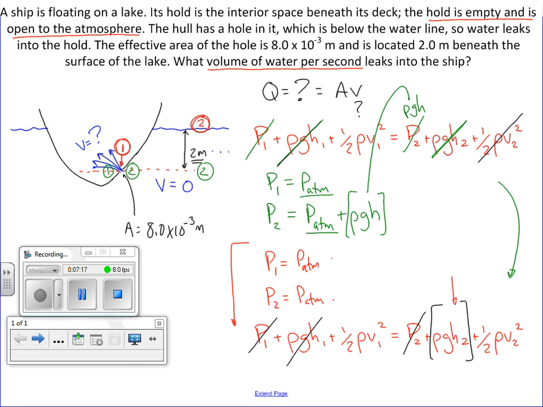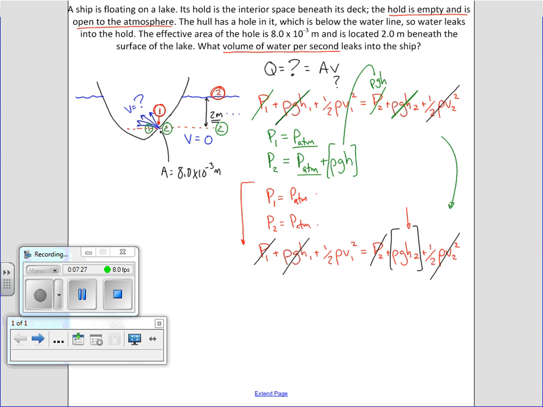No matter what, we definitely said we can get rid of velocity at 2. So all we're left with is a fairly simple expression here for velocity. We have 1/2 rho v1 squared is rho gh2. Get rid of our rho's, and we have that v is the square root of 2 gh2.